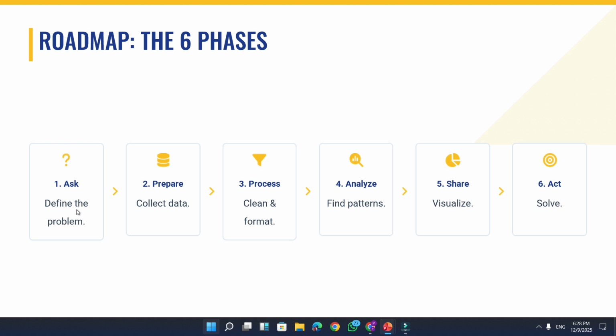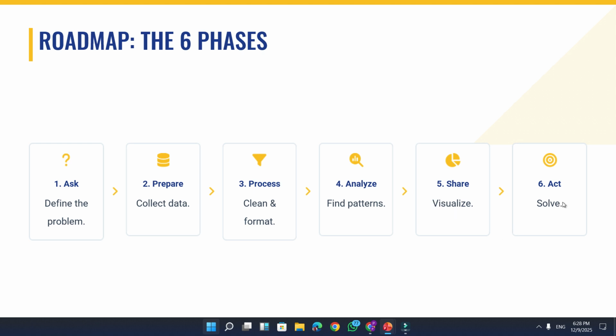You will need to define the data. After this, the data will be prepared. So you collect the data from the several data sources that will be provided to you. And then the first stage is to process the data, then doing the analytics, and then sharing the insights by visualizing them.